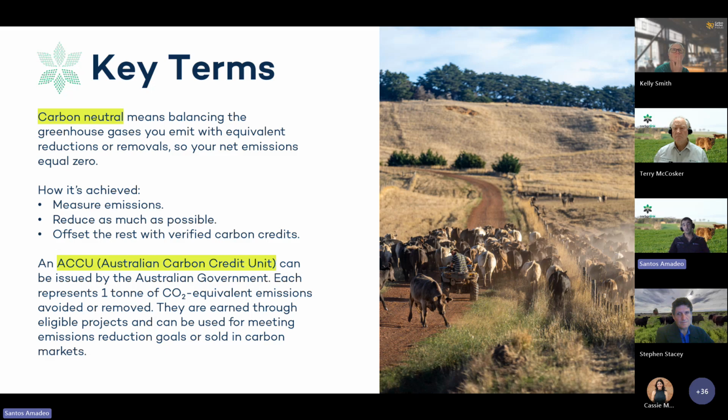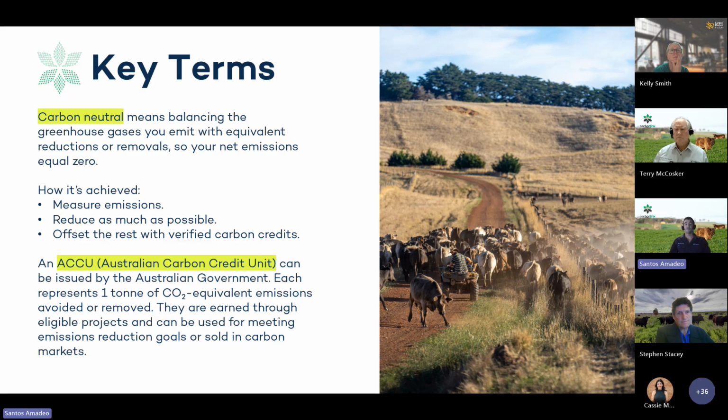Carbon neutral means balancing emitted greenhouse gases with equivalent reductions or removals, resulting in zero net emissions. To achieve carbon neutrality, you have to use carbon accounting, also known as carbon footprint, and then offset the measured emissions against verified carbon credits.